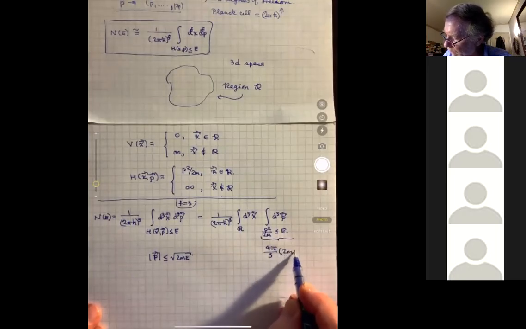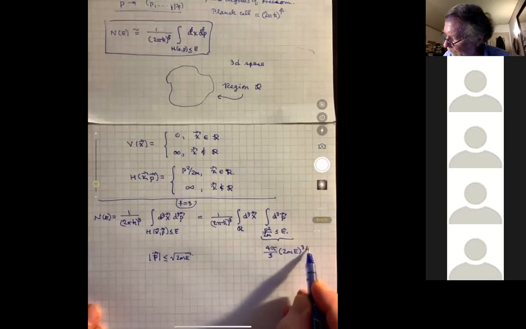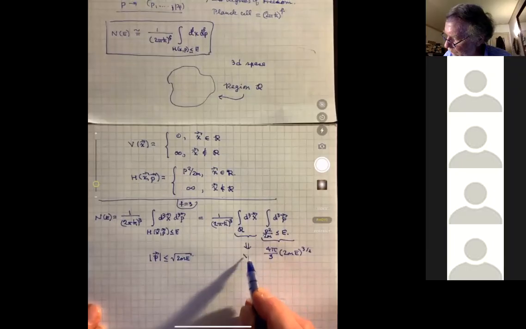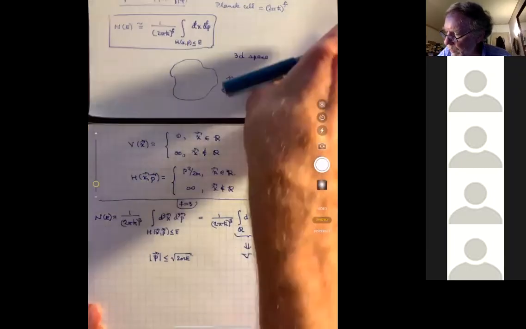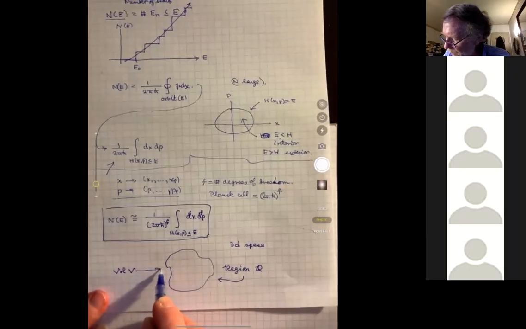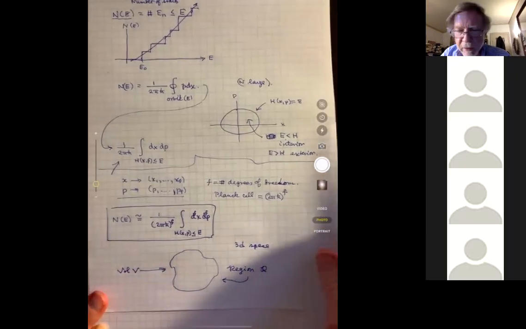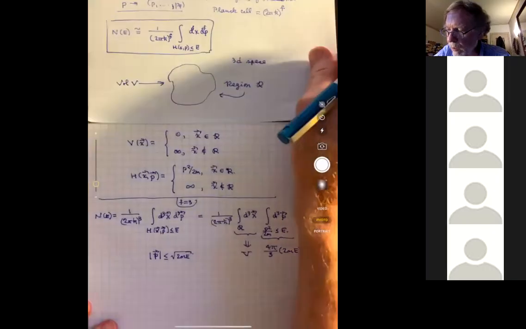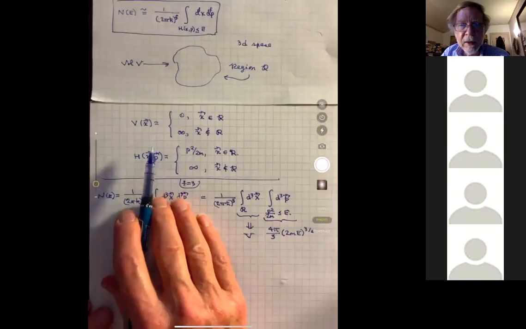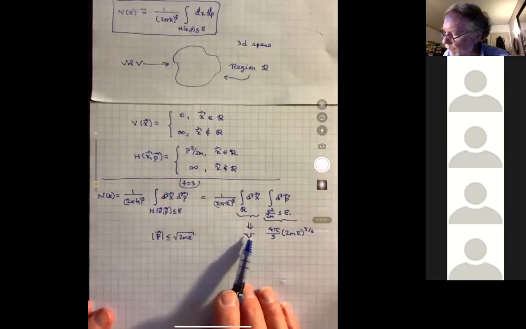We cube that, we get 2mE to the 3/2 power. As far as the integral over x is concerned, that just integrates into the volume V of the box. I didn't say that, but let's call this volume V for this box, so not to be confused with potential. I'm sorry about the notation there. But in any case, that's the volume V.